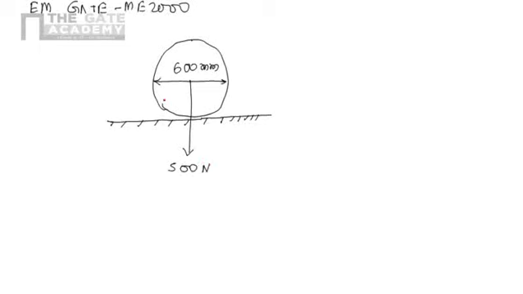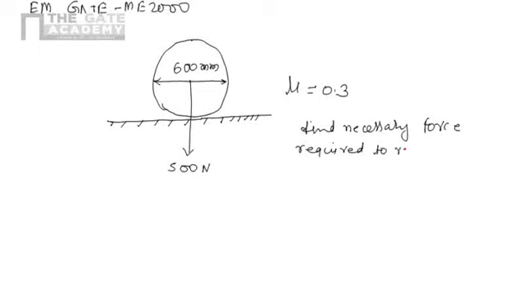The coefficient of rolling resistance is given as 0.3. We have to find the force in Newton necessary to roll the wheel along the rail.